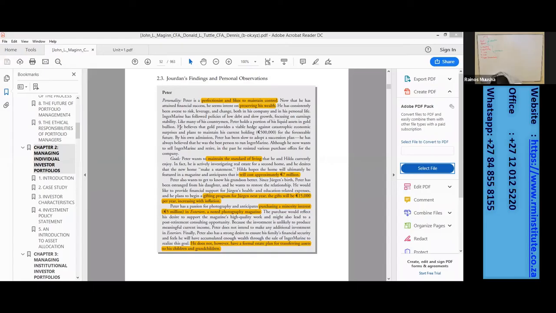So what do we see? If you look at Peter's personality type, he wants to be very much in control, right? And at the same time, he's very much less prepared to take on risk.